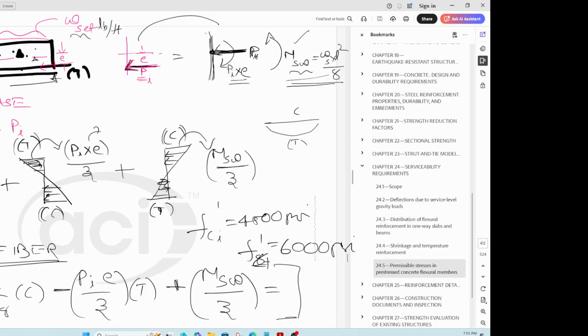Once you cut your compression steel, immediately after that, the reinforcement is going to try to compress the beam at the bottom, and create a slight tension on the top, and that in conjunction with the self weight is going to create a final stress value which has three components. One is due to the pure compression, one is due to the Pe moment, one is due to the moment caused by the self weight, right?